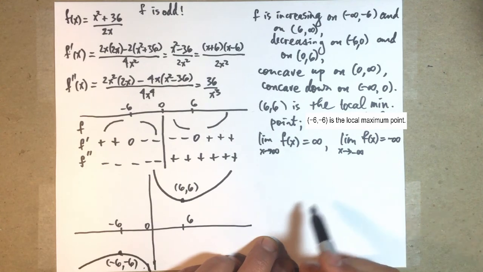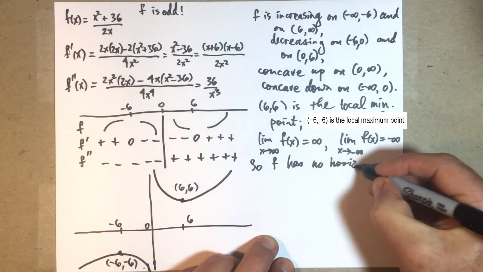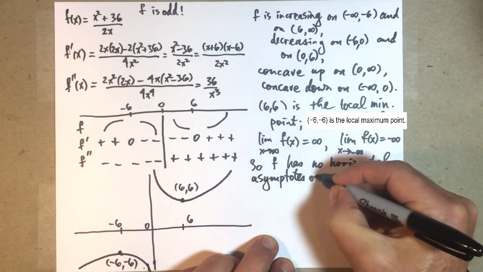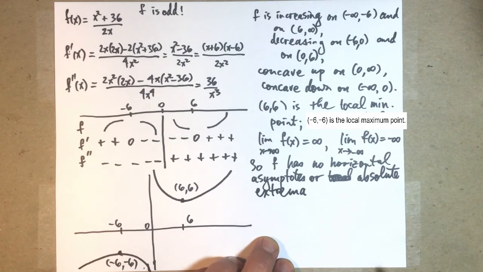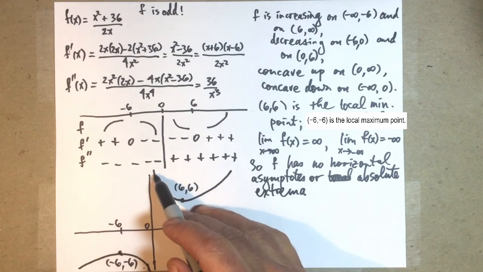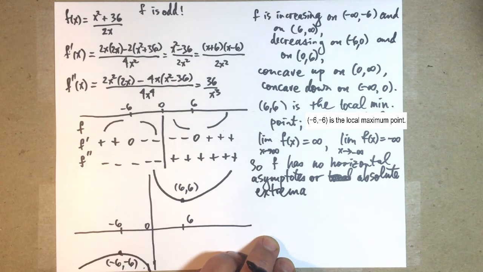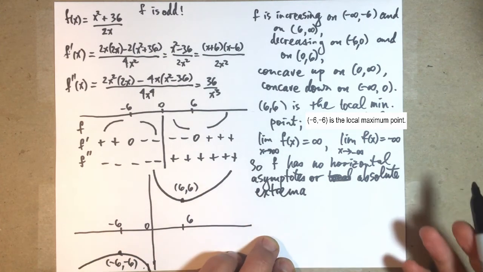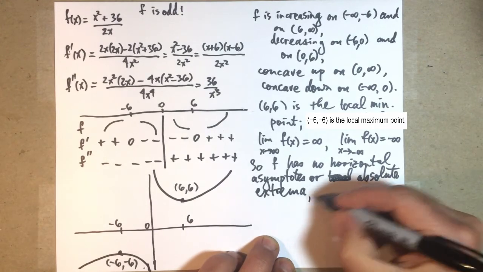Also, there's no absolute maximum or minimum. Not only that, it has no inflection points. Notice that although it switches from concave down on the left side to concave up on the right side, there's no inflection point here. The point 0, as x equals 0, does not even give a point on the graph.